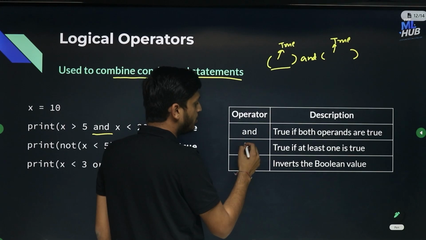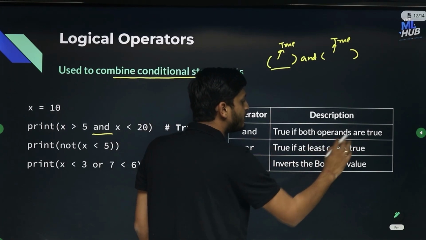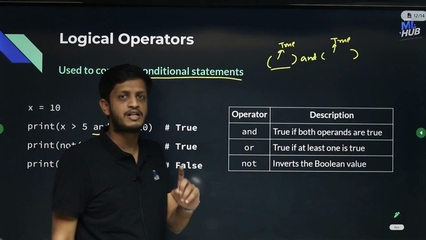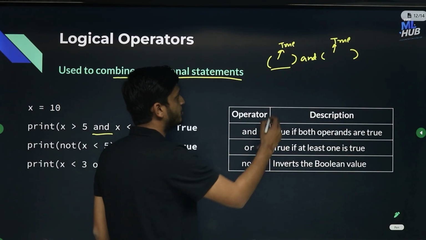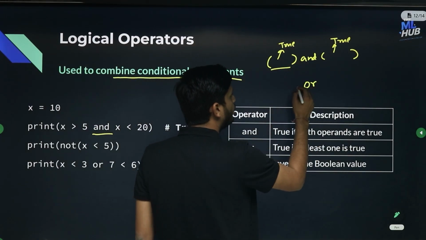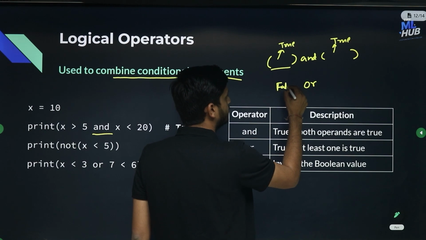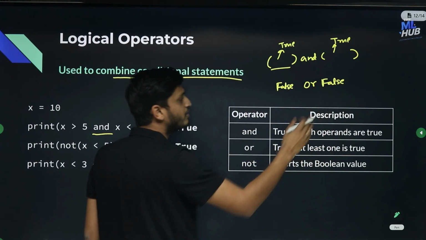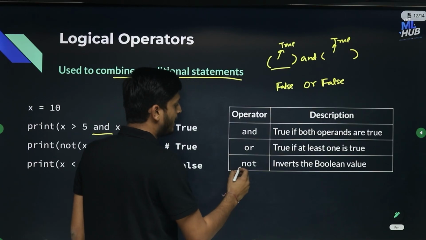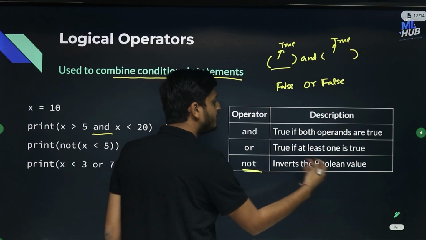And second is or, which gives you true if at least one of the statements is true. If any one of the statements is true, you will get the answer as true if you are using or. So or will give you false only if both are false. Only in this case you will get false. In all other cases you will get true as the answer. And next is not. Not inverts the Boolean value.